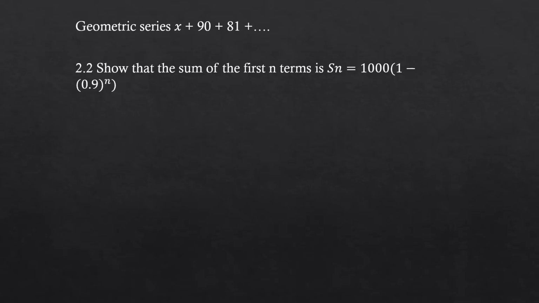Here we are given question 2.2. It says show that the sum of the first n terms, Sn, is equal to 1000 into 1 minus 0.9 to the power n.